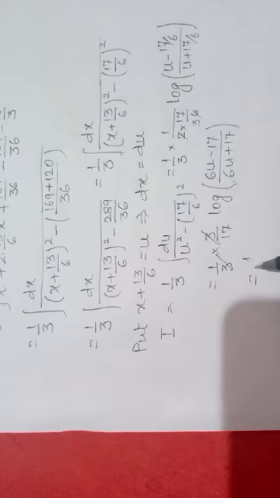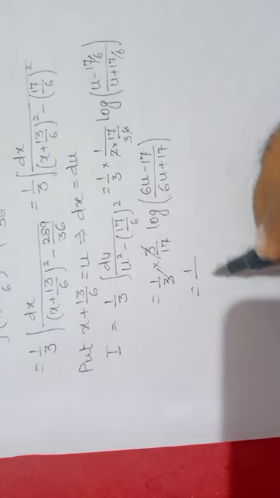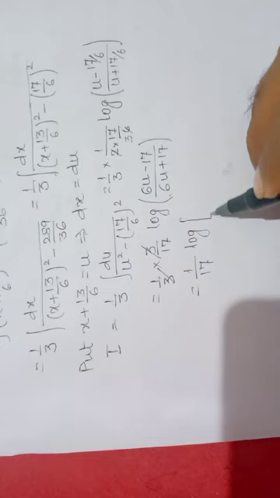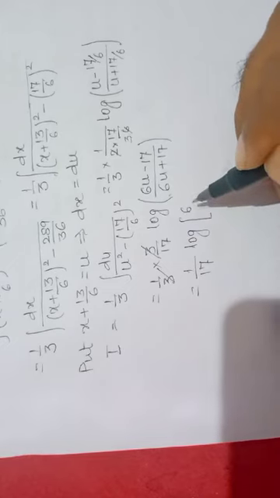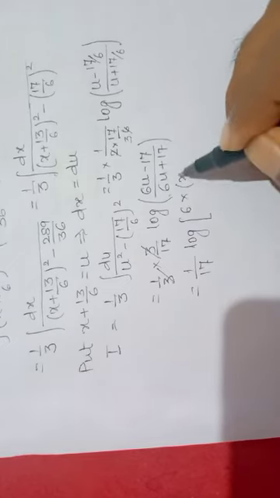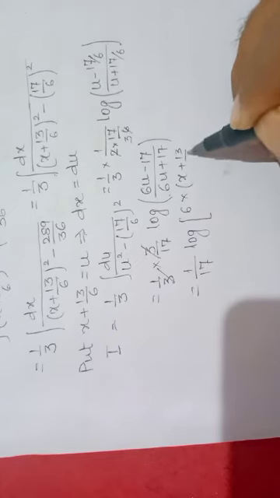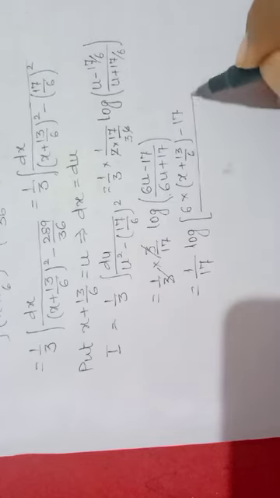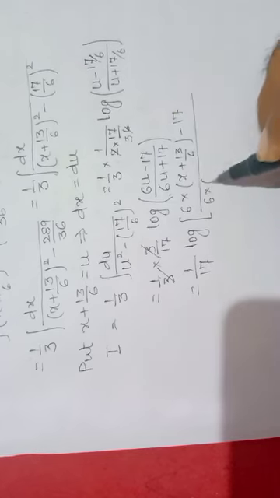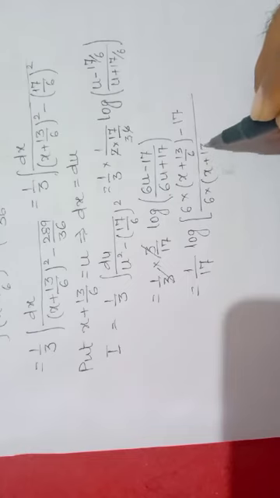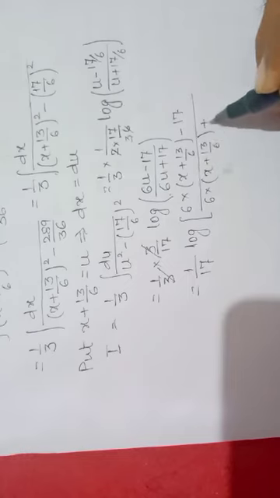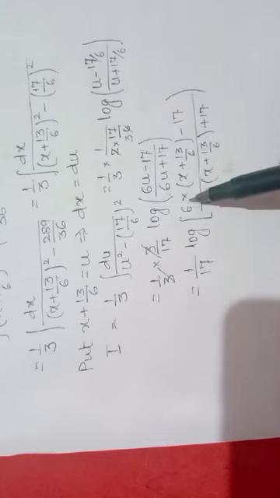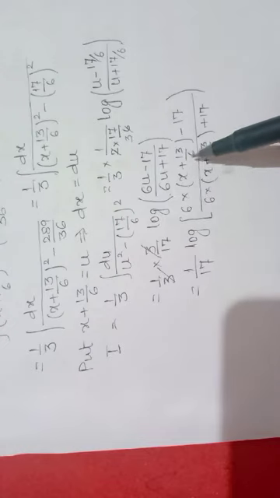It should be written as 1 by 17 log of 6u, u means x plus 13 by 6, minus 17, divided by 6 into x plus 13 by 6 plus 17. So again take out LCM. 6 will be the LCM, cancel by this 6.